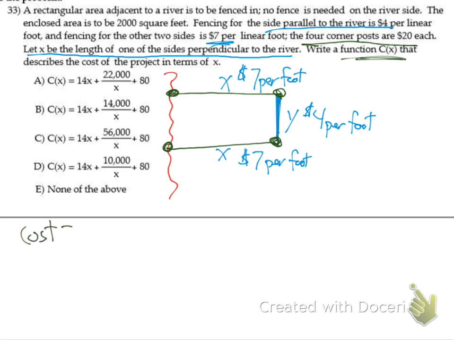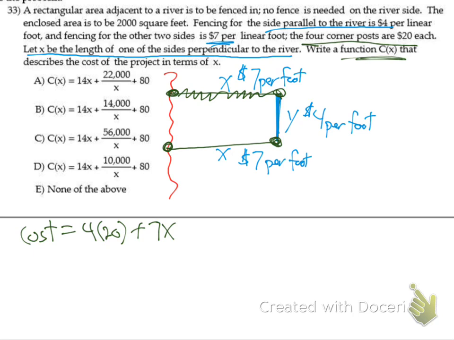So, they want us to write a cost function. So what's the cost of building this pen? Well, first off, we have the 4 corner posts. 4 times 20, $80. Plus, now we have the top. How much is that top going to cost? 7x, right? Because it's x feet at $7 per foot.